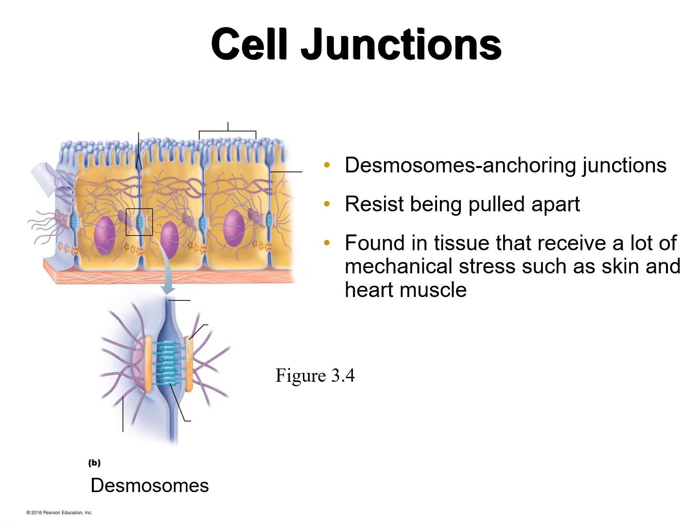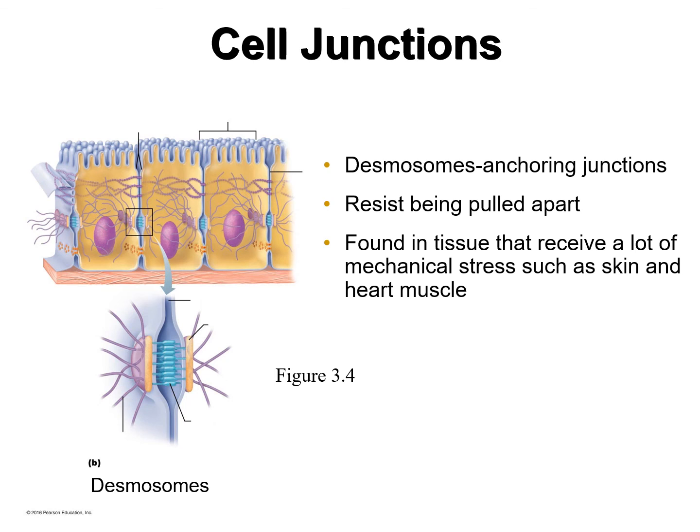Desmosomes are anchoring junctions. They consist of various proteins that anchor the plasma membrane of one cell to the other. The function of desmosomes is to resist cells from being pulled apart from one another.